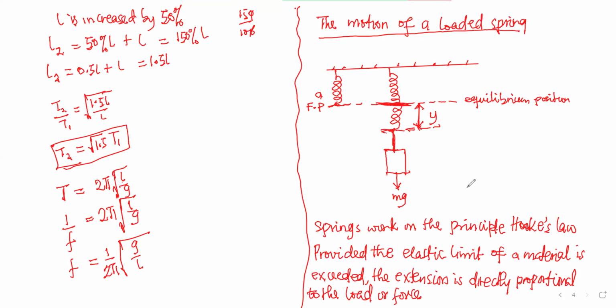And Hooke's law is given by the equation F is equal to minus Kx. Let me clear this part and continue.